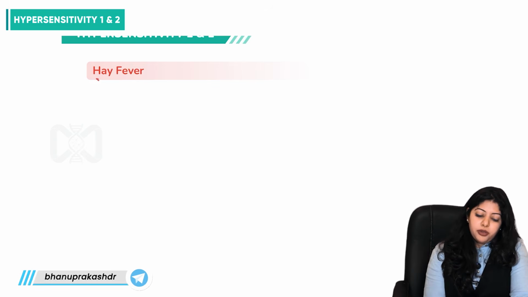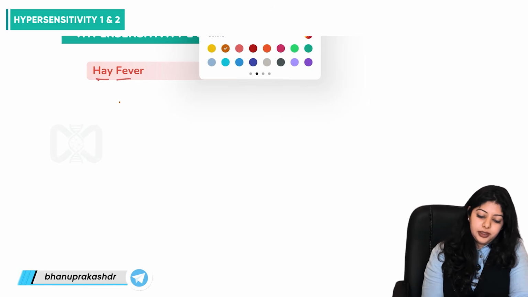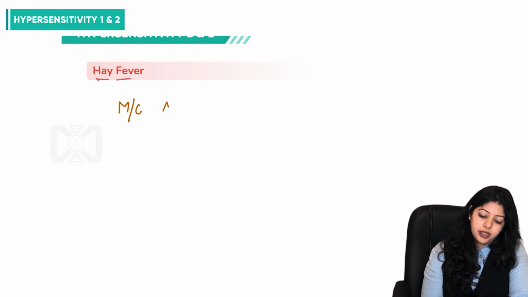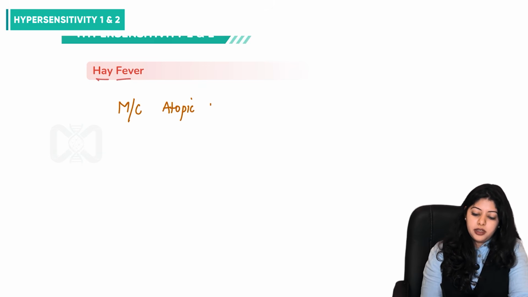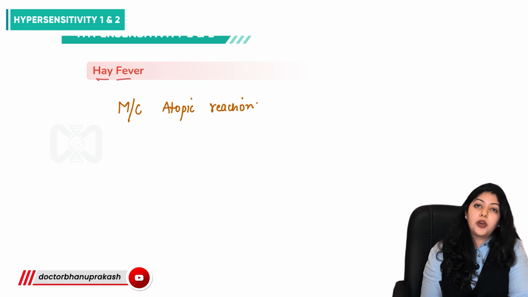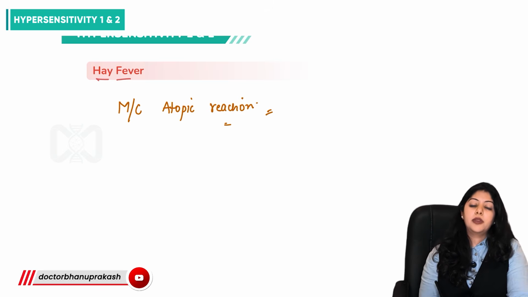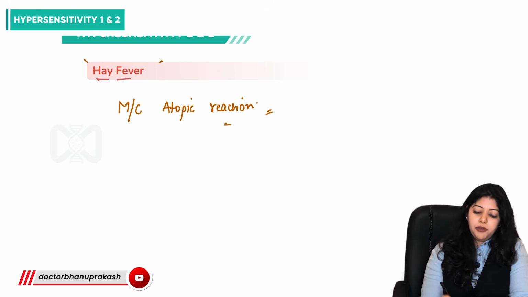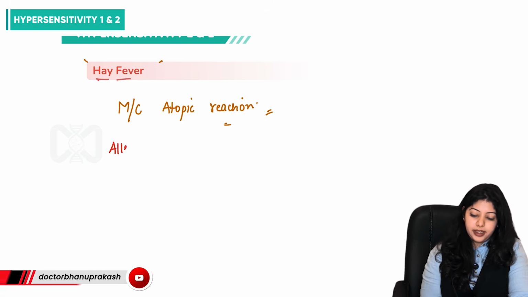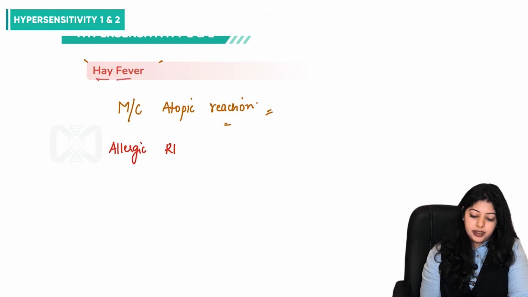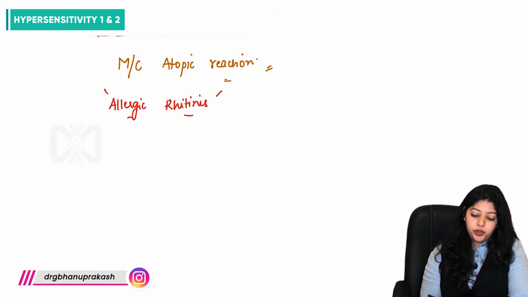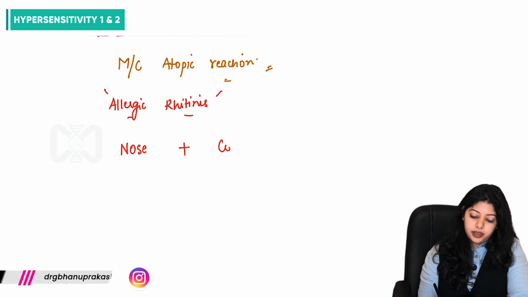So now let us talk about hay fever. Now hay fever is supposedly the most common atopic reaction encountered. And what is the second name of hay fever? It is allergic rhinitis, where there is exposure of the allergen with the nose and the conjunctiva.